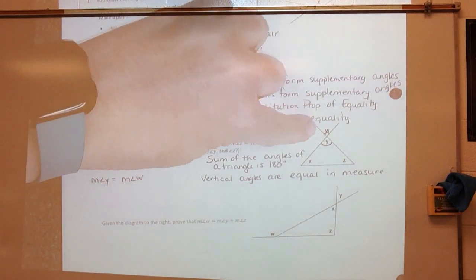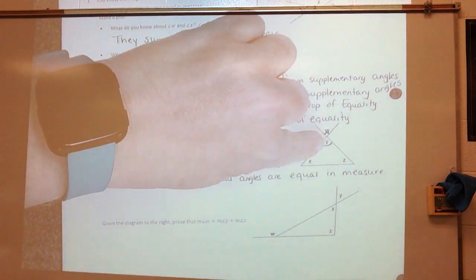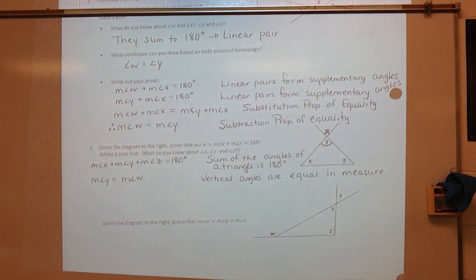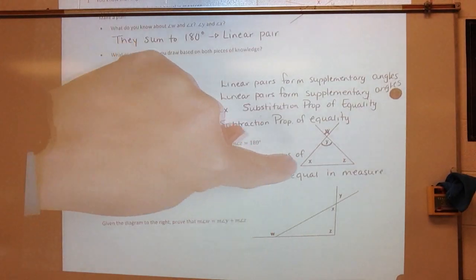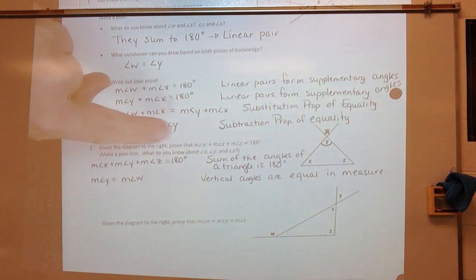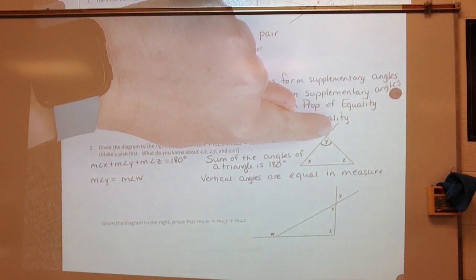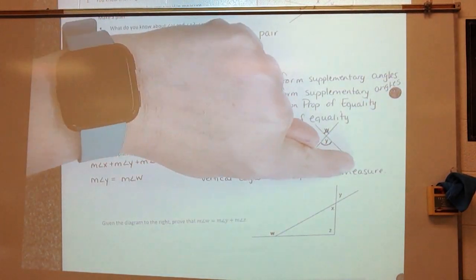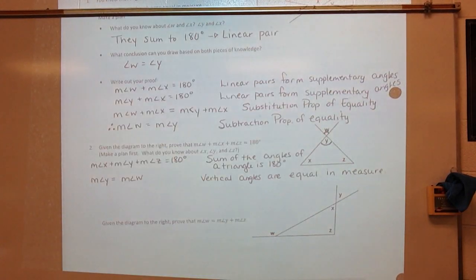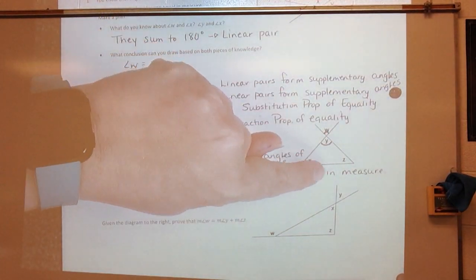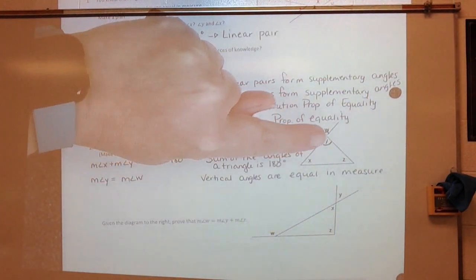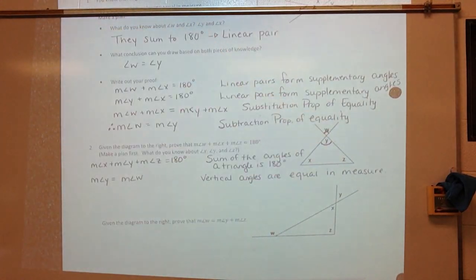Well, if W is equal to Y, then it wants us to prove that the measure of angle W plus the measure of angle X and the measure of angle Z is equal to 180 degrees. Well, if I know that X, Y, and Z are 180 degrees, and I know that W and Y are equal, now can I prove that?